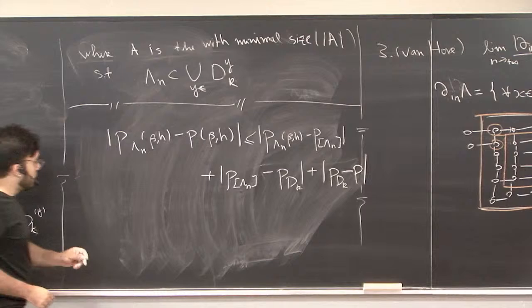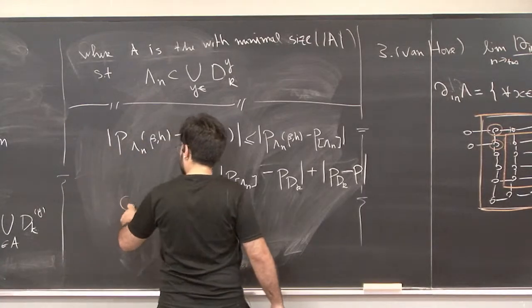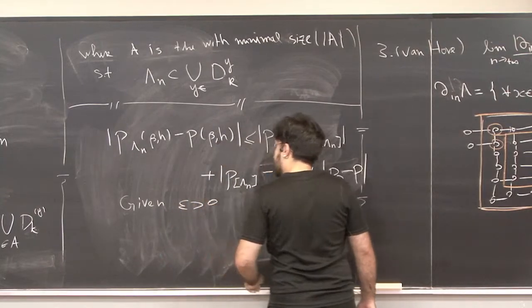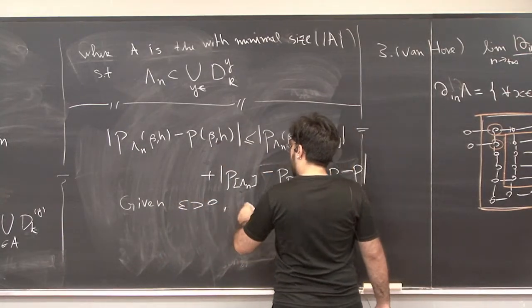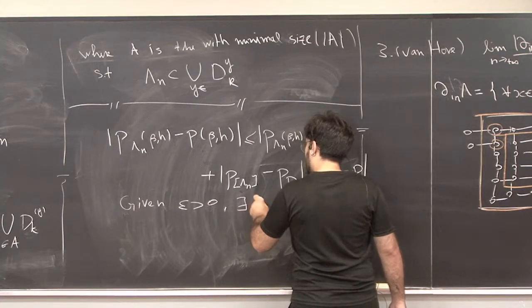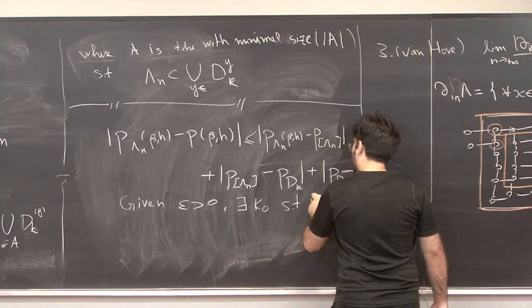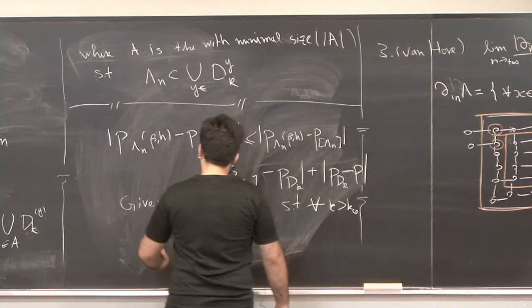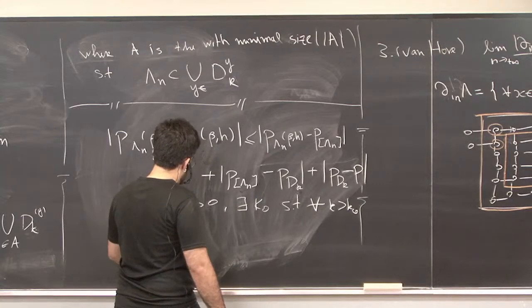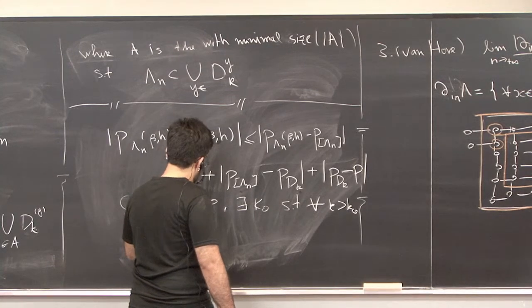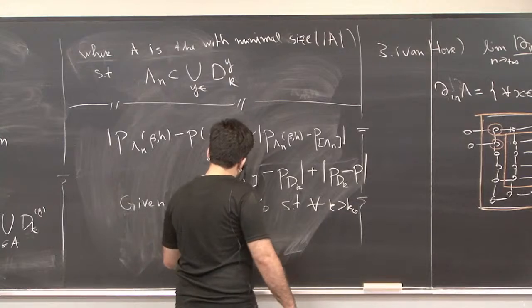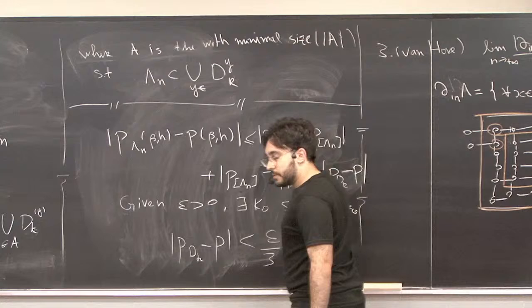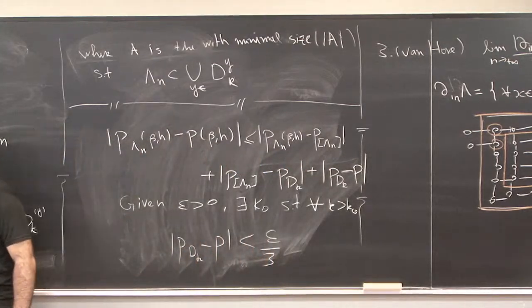So given a positive epsilon, I know that there exists a k0 such that for any k larger than k0, I have that the difference of the pressures is less than epsilon over 3.